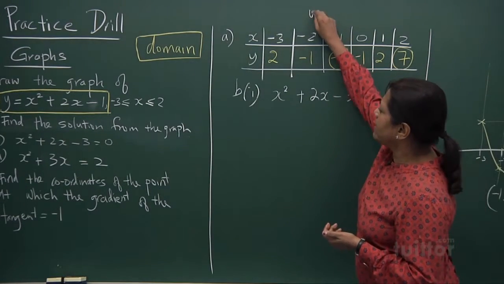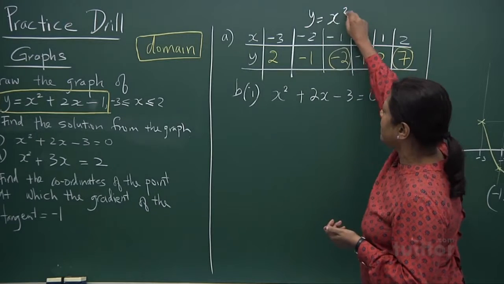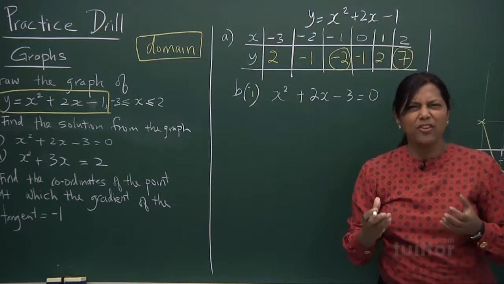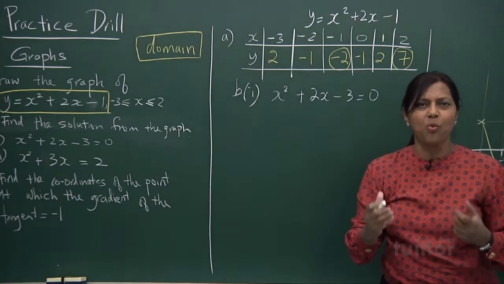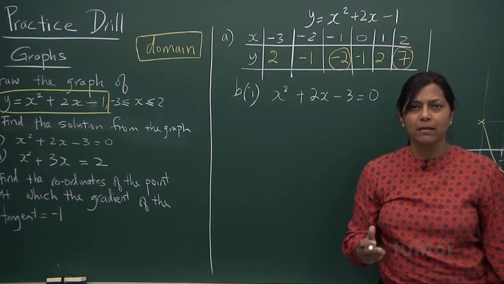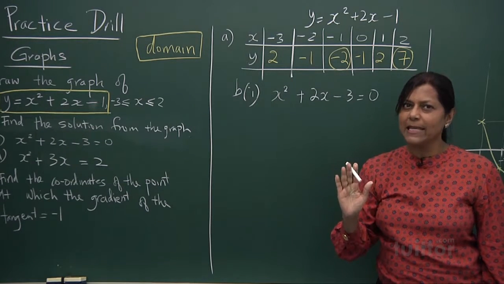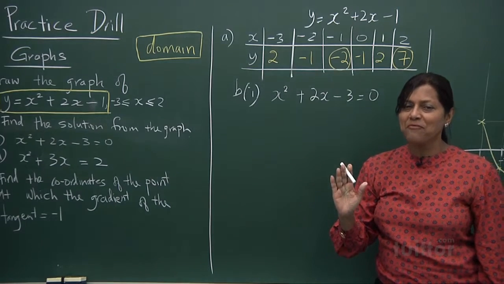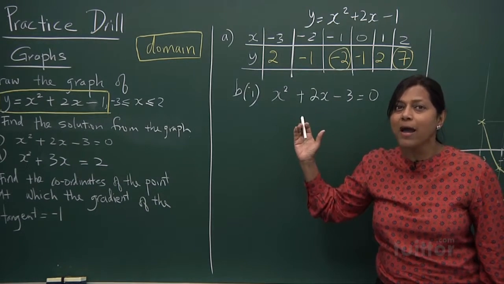The y is supposed to be x squared plus 2x minus 1. You've got to give birth to y. How does this birth take place? It's not easy, you think so? No. The word birth may frighten you, but it's just the birth of y.